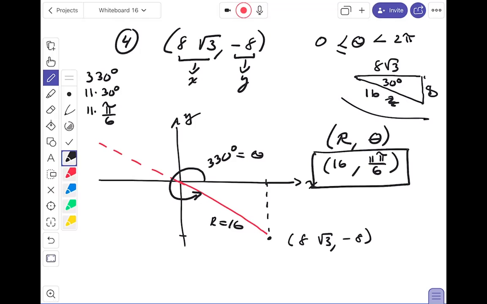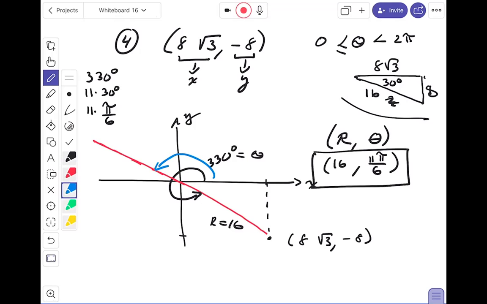They want 2. So the other one I'm going to take is this one over here. I wonder what that is. Looking at that, pictures are nice because they help me. The angle over there now is not 330 degrees.